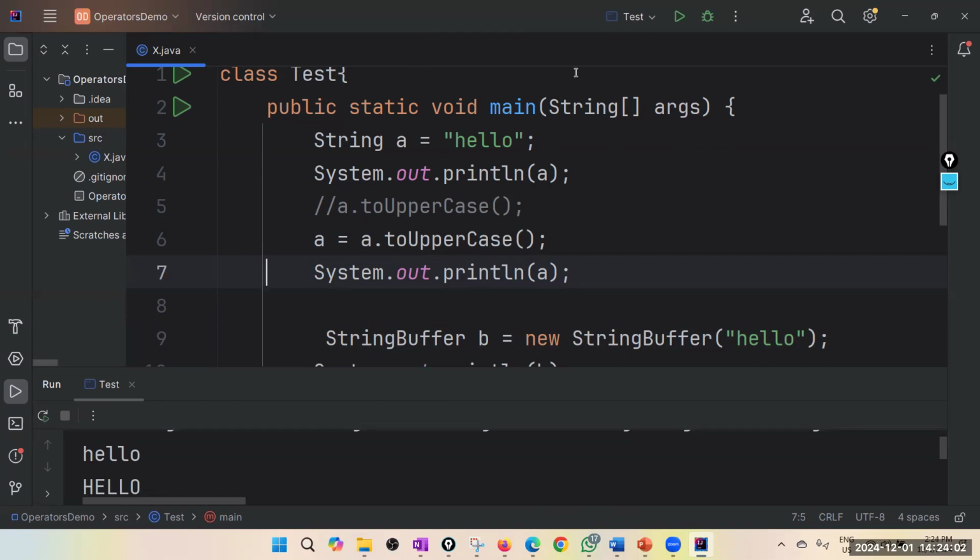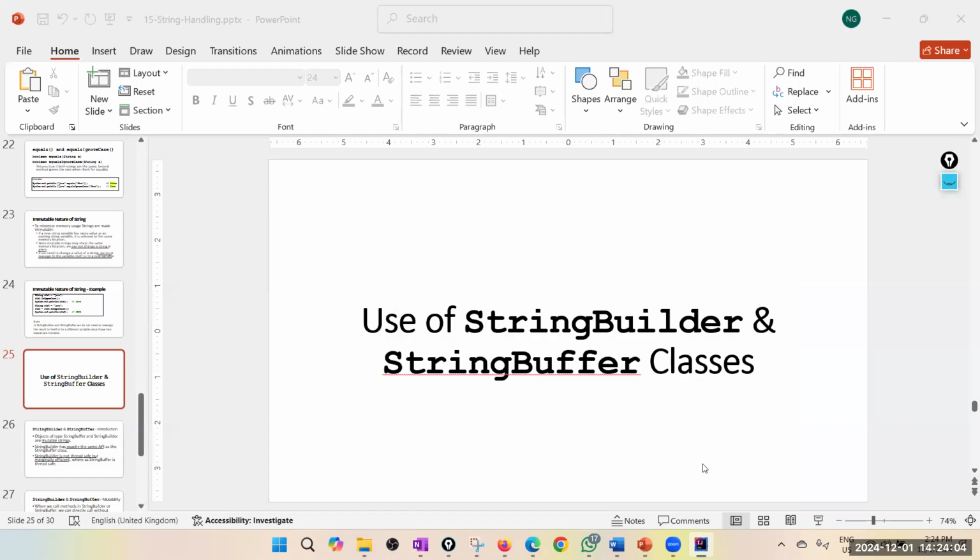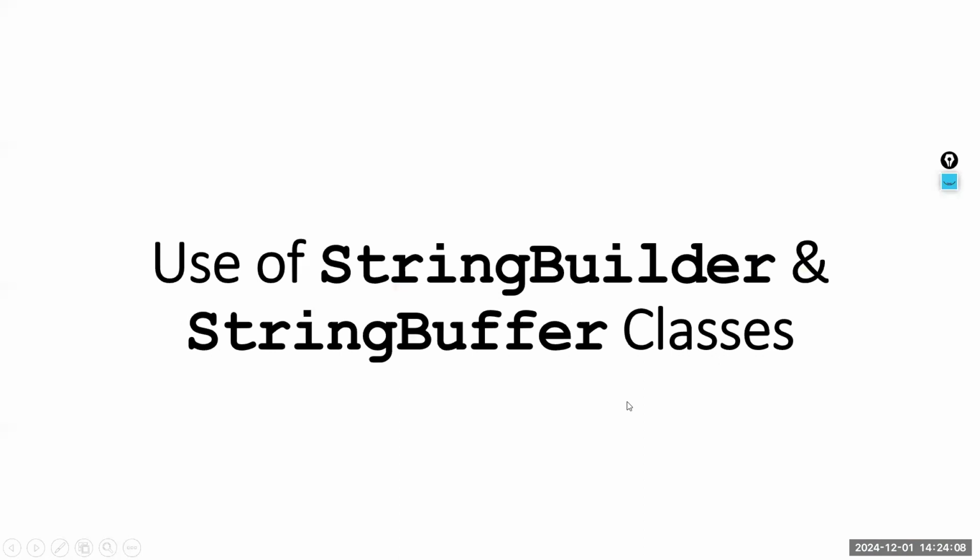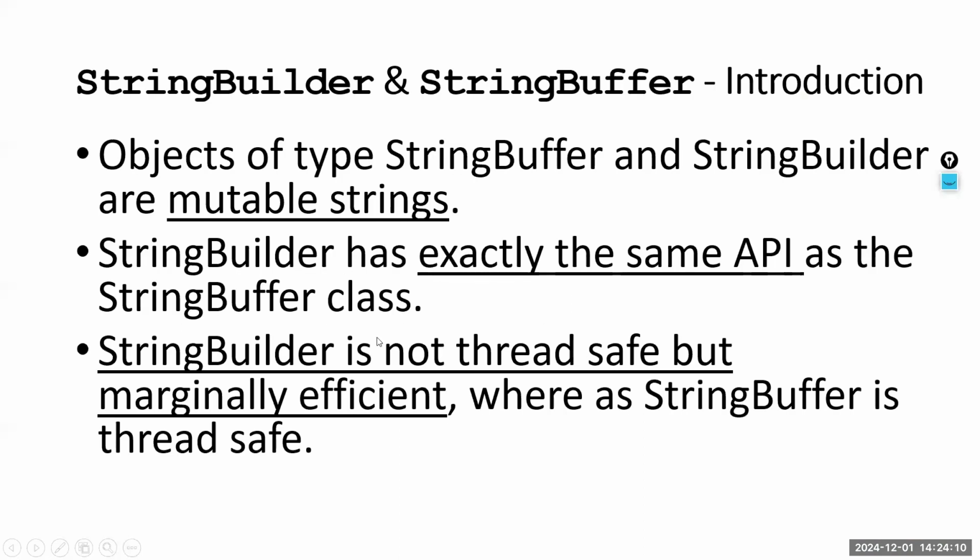So then someone will ask, why do you need two classes? The simple reason is again an advanced concept. StringBuilder is not thread safe, but marginally more efficient than StringBuffer. Thread safety you will understand when we do thread programming.